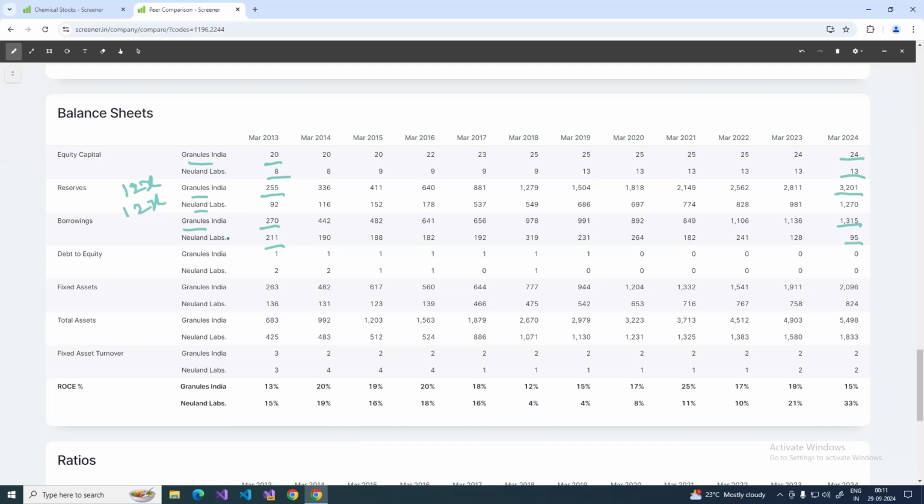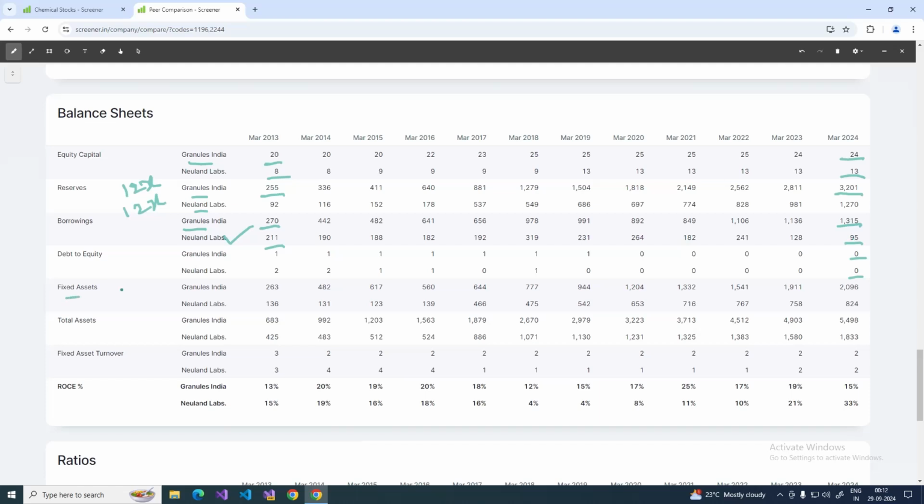So Neuland Laboratories decreased the debt, but Granules India increased debt. Why? Because Granules India is doing capital expenditure. So here it's positive for Neuland Laboratories. They are able to decrease the debt. Debt to equity for both is minimal, but if you see the figures, Neuland Laboratories has less debt.